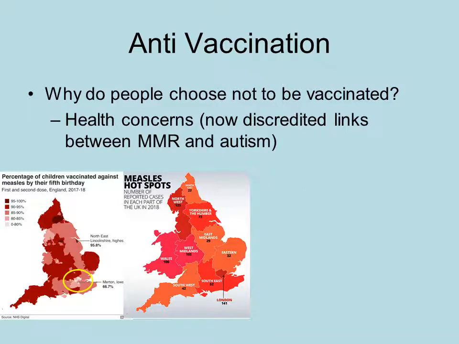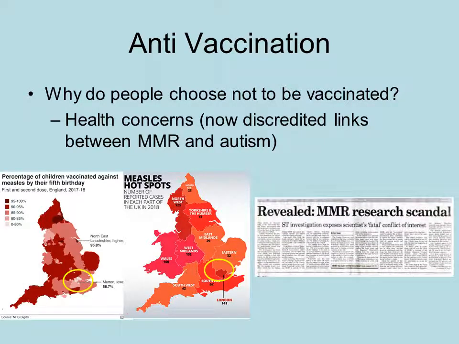And what you can see here quite clearly is that in around London the vaccination rate became quite low, and also the number of people that suffered from measles became quite high. So we know that there's a link between not being vaccinated and outbreaks of diseases which in the past were not that serious, but now are becoming much more serious because they're becoming more widespread.